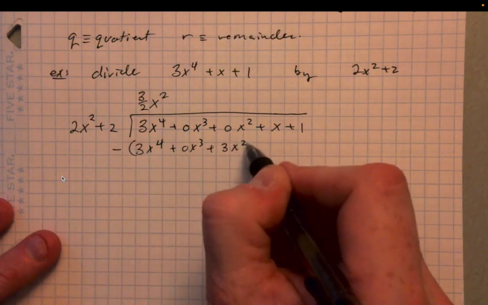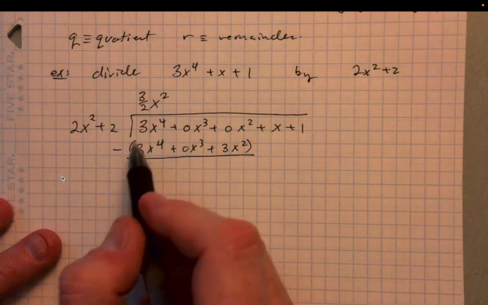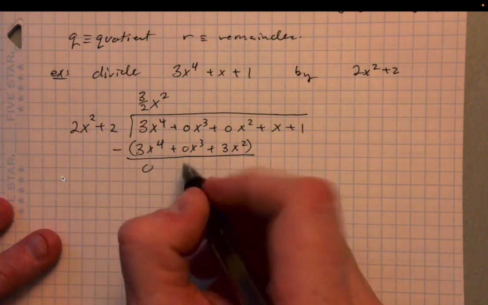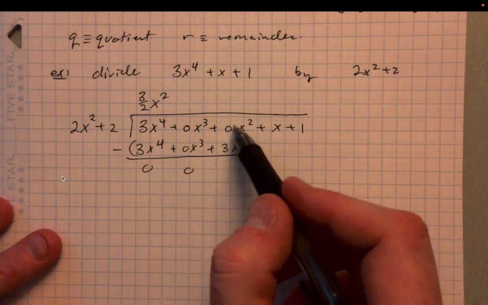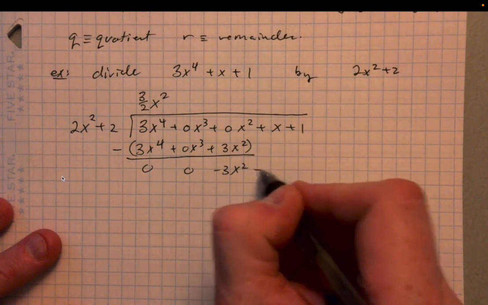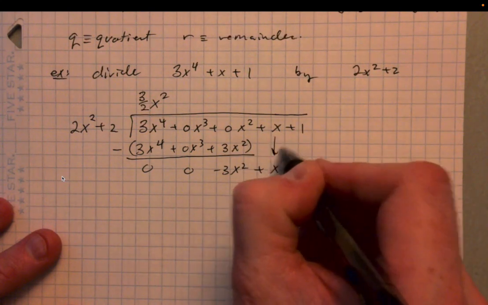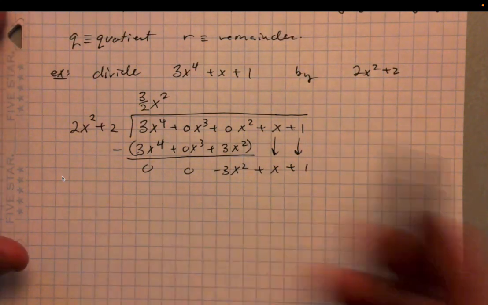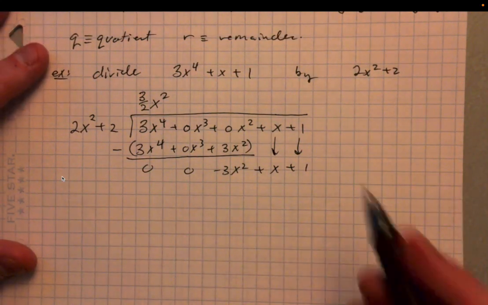And then we would do the subtraction here. Okay, so 3x to the fourth minus 3x to the fourth is 0, and then 0 minus, this would be minus 3x squared, and then you could bring the other terms down. Okay, so this is how you would proceed, right?